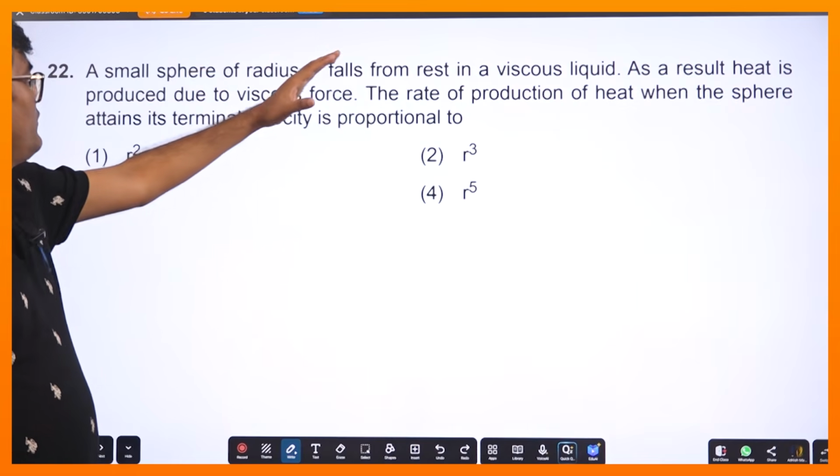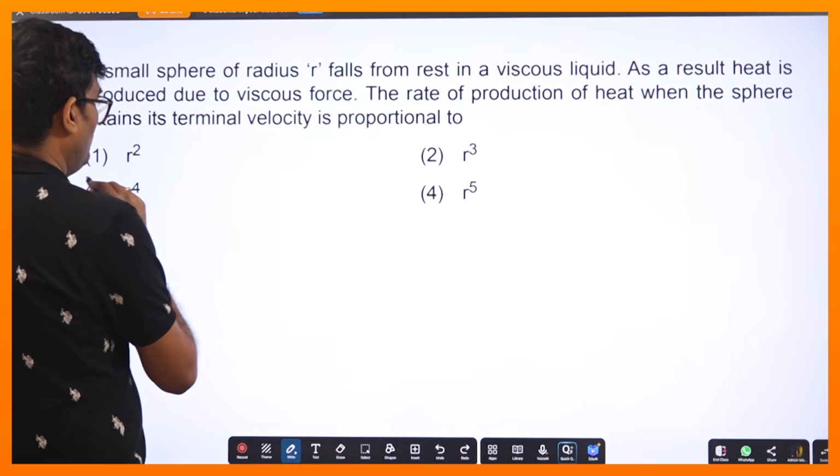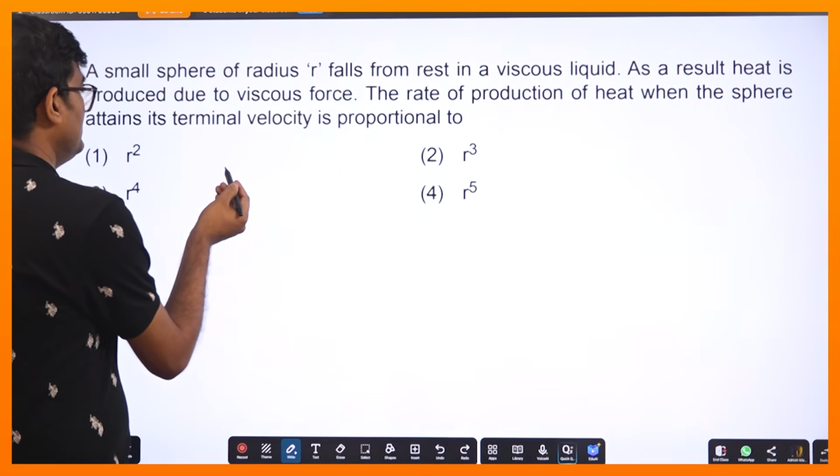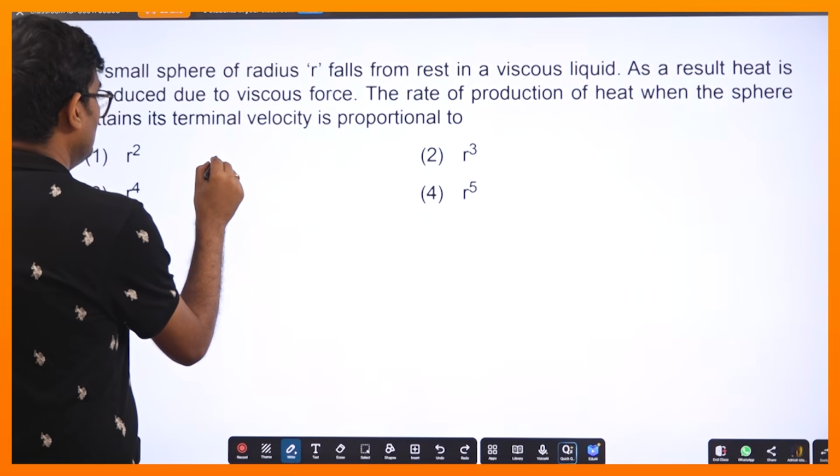A small sphere falls from rest in a viscous liquid. As a result, heat is produced. What is the rate of production of heat when the sphere attains terminal velocity? Now you know that when the sphere attains its terminal velocity, the rate of heat is power.